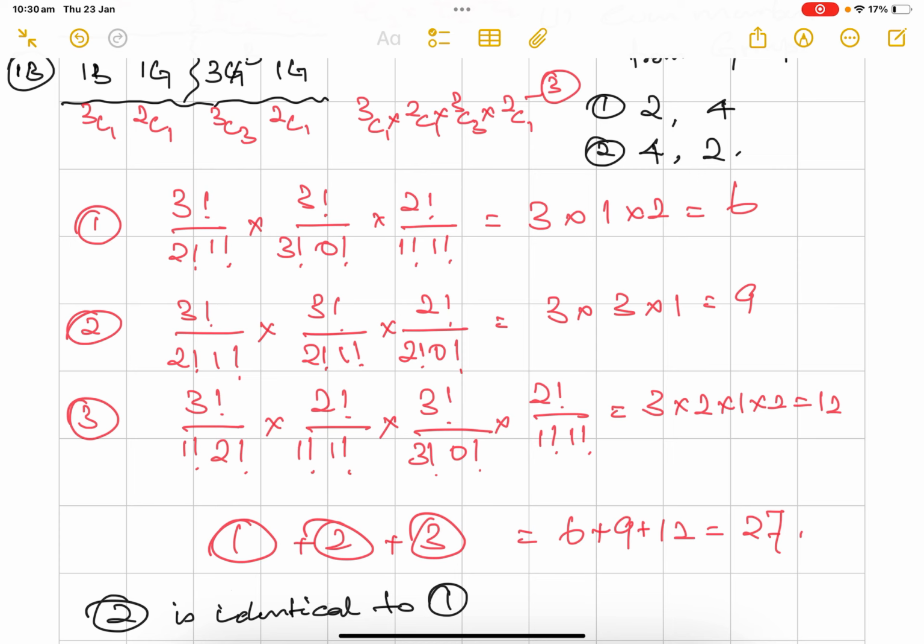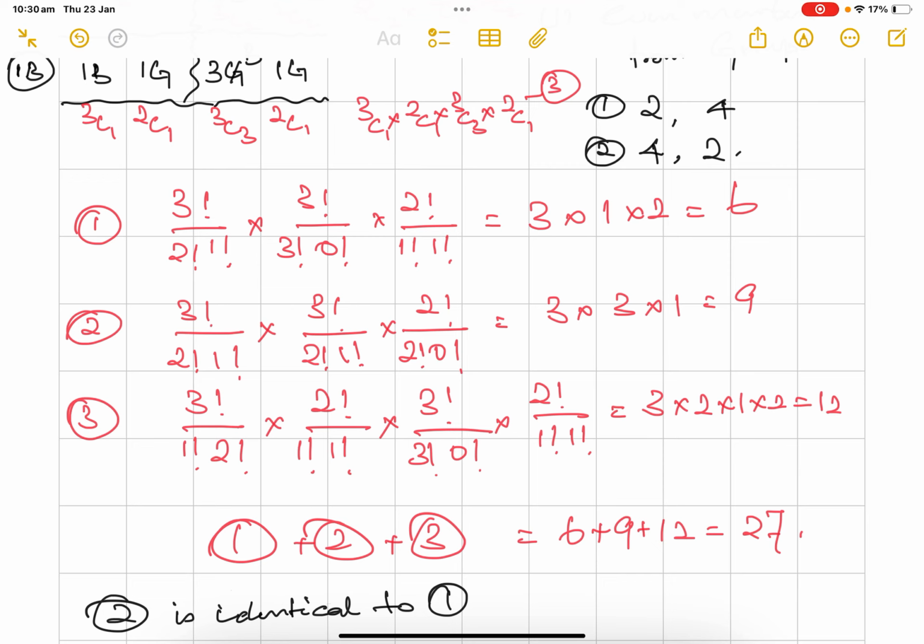Students should know 0 factorial is 1, and 1 factorial is 1. Then the first one is 3, second one is 2, third one is 1, fourth one is 2. So 3 times 2 times 1 times 2 is 3 times 2 is 6, times 2 is 12.